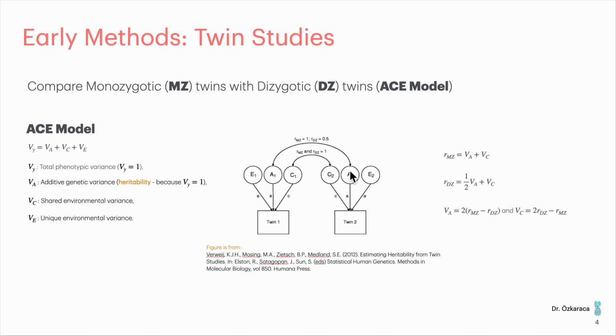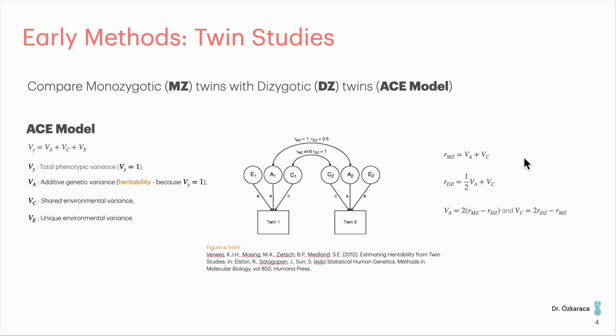The core idea of this approach is that any additional similarity in trait variation observed between monozygotic twins compared to dizygotic twins must be due to genetic effects. This is because, again, monozygotic twins share their genome completely, whereas dizygotic twins share only about half of their genome. And on the right, I outlined the basic calculations for estimating heritability using twin studies.